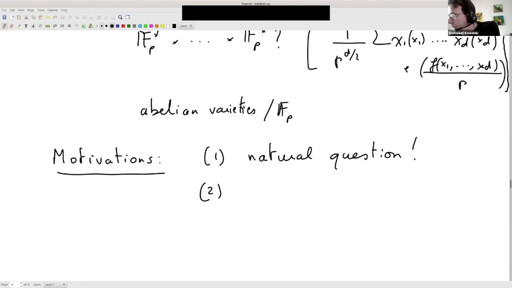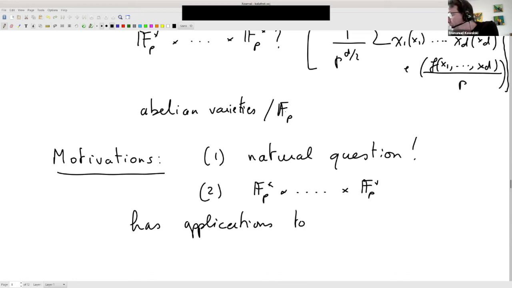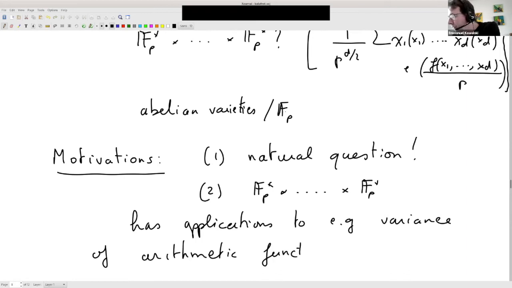There's another one, which is for tuples of characters. This has applications to problems such as the variance of arithmetic functions in arithmetic progressions over polynomials over finite fields.